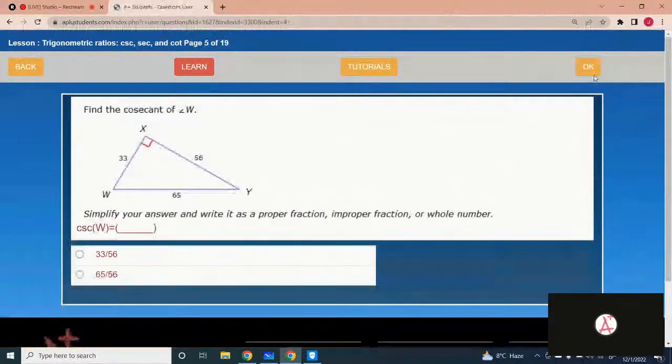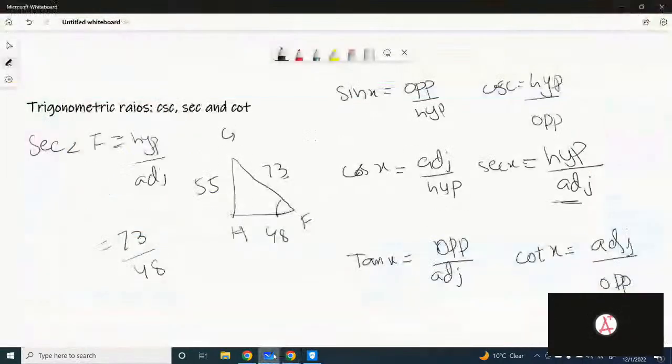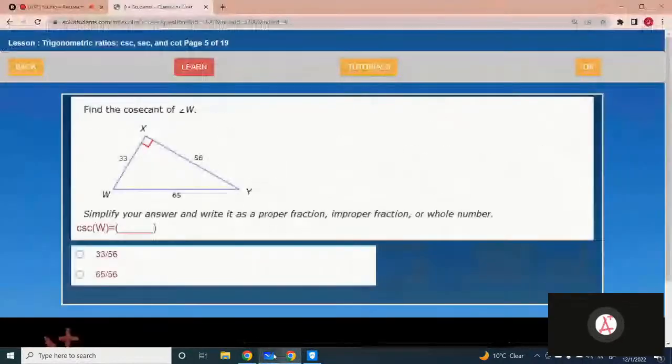Okay, the next one is now you have to find the cosecant of angle W. Cosecant of angle W would be hypotenuse divided by the opposite. The hypotenuse is 65, and the opposite according to W is this one, 56.